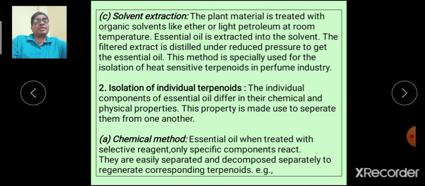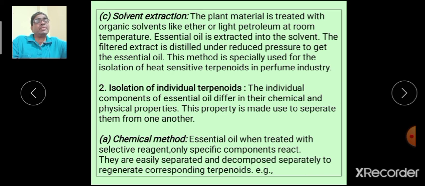The first method is the use of chemicals. When essential oils are treated with selective reagents, only specific components react with that reagent. Now they are easily separated and decomposed separately to regenerate the corresponding terpenoid.